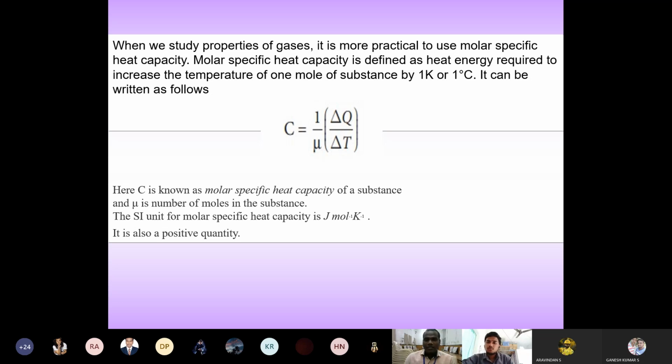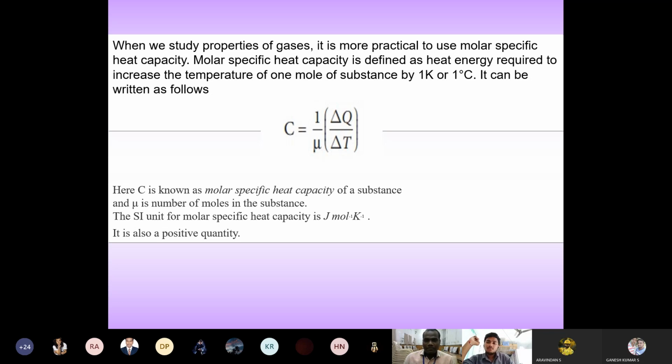Then we know what delta Q and delta T are. The SI unit is also similar: there it was joule per kg Kelvin, here we have joule per mole Kelvin. It's also a positive quantity. So each and every property we discussed is a positive quantity, right?